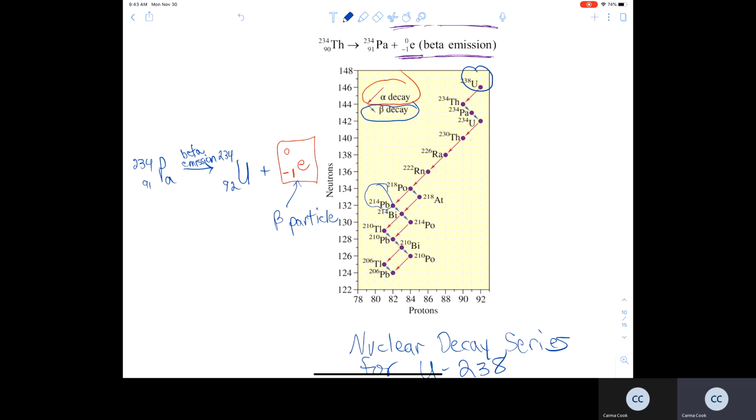And then after that, you get a series of 2 beta decays producing polonium-214. Along the way, you get bismuth-214, which can also undergo alpha decay to form thallium-210. And then you keep going until you finally get to lead-206.